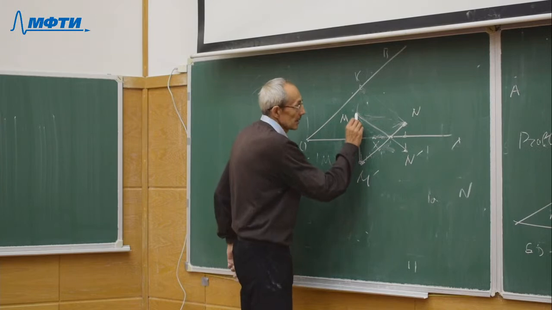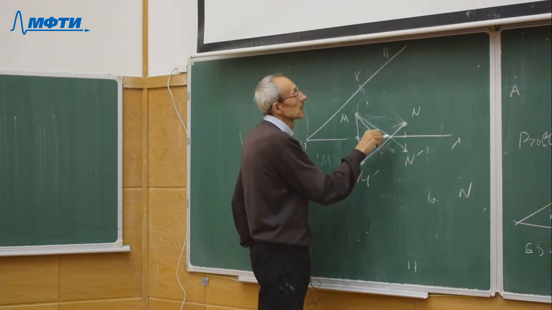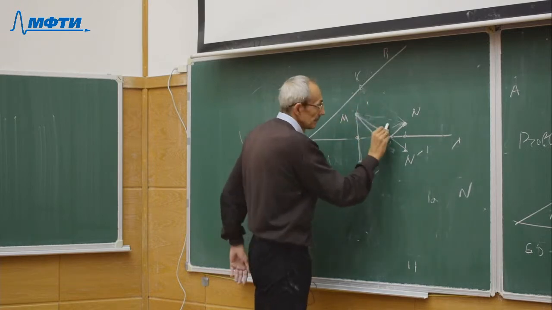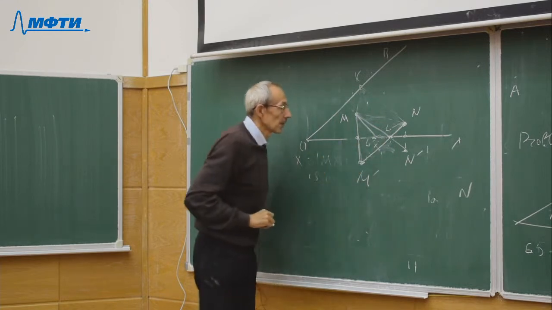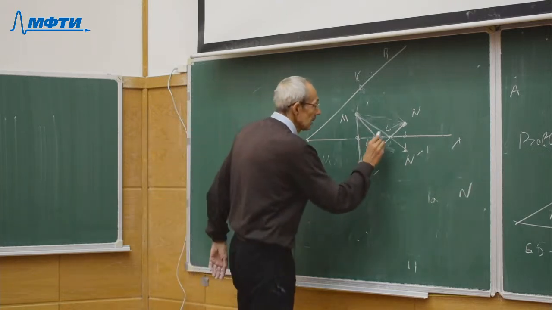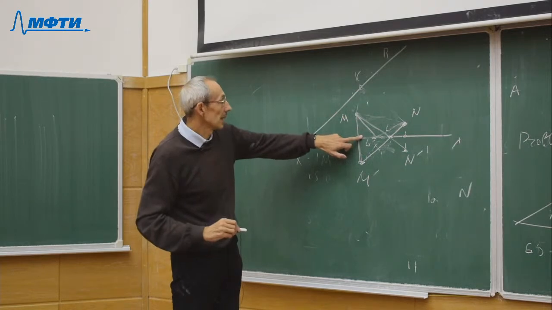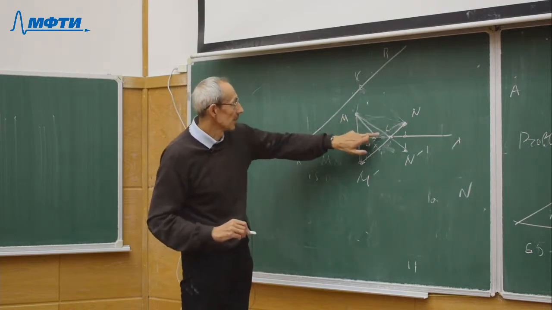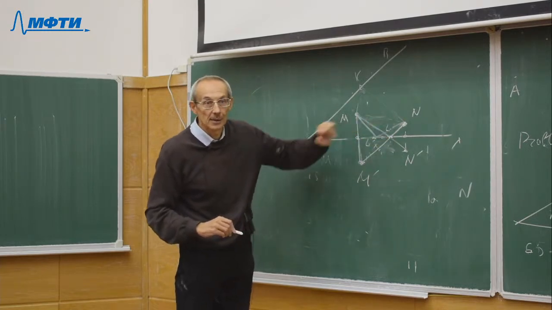Let's consider another point. Let's denote this point L. If L prime is another point, can we prove that the sum of distances ML prime plus L prime N is greater than ML plus LN?